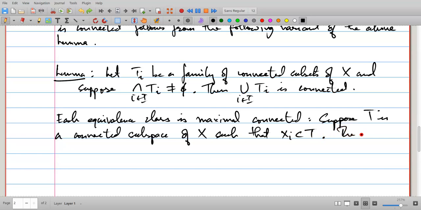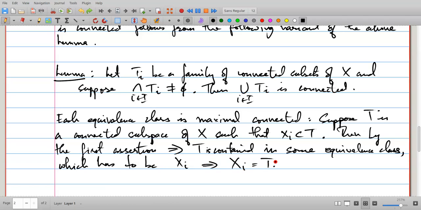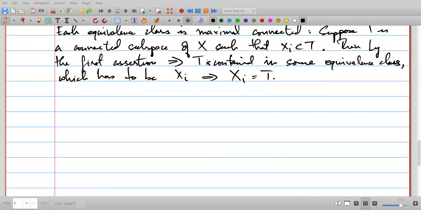Then by the first assertion, T is contained in some equivalence class, but then that has to be equal to Xi. So this implies that Xi is equal to T. So it's maximally connected in that sense.